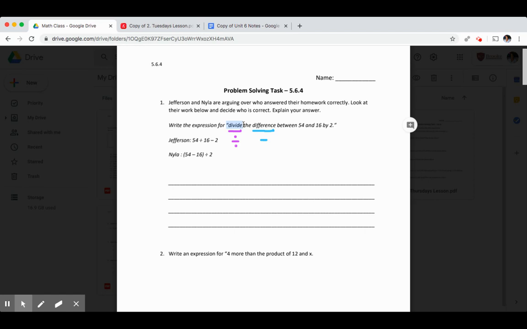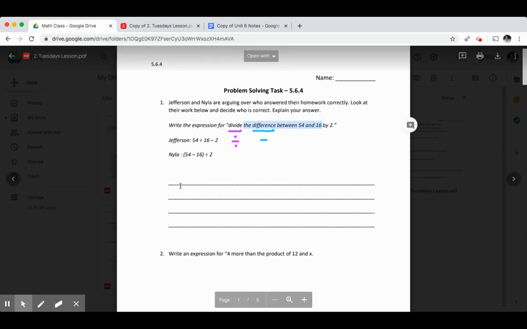And the phrase is saying to divide the difference between 54 and 16. And we're going to divide that difference by 2. So that tells us that first we need to be able to find the difference between 54 and 16, and then we'll be able to take that and divide it by 2.